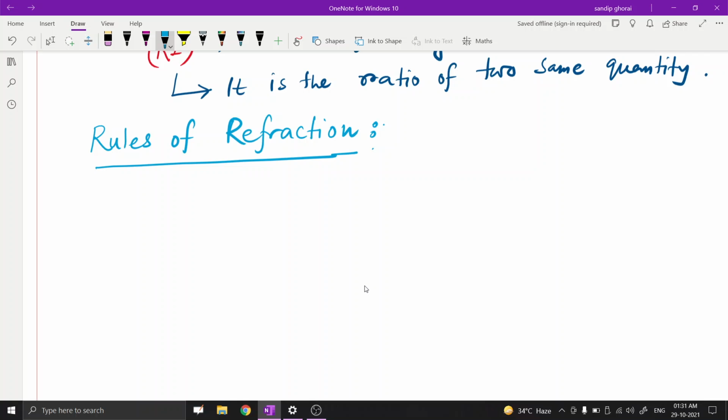First, if a ray of light travels from rarer to denser medium, then light bends towards the normal.